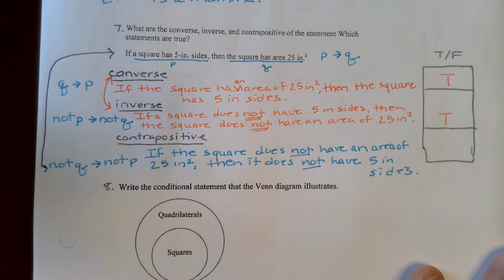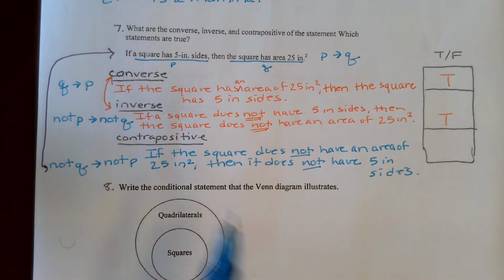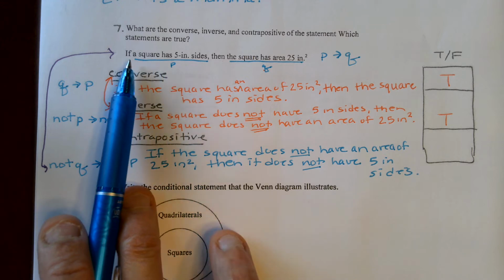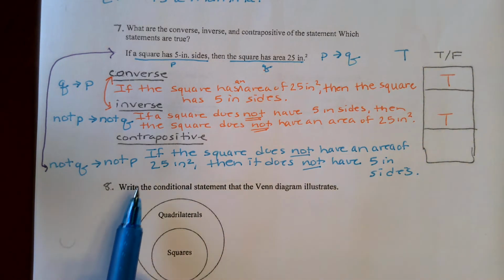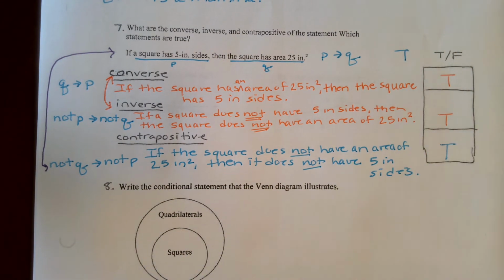Okay, so that one we have to evaluate the truth value, but remember it's the same as this truth value. So let's look up here. If a square has 5-inch sides, then the area is 25. Yeah, that's true. So therefore this is also true.